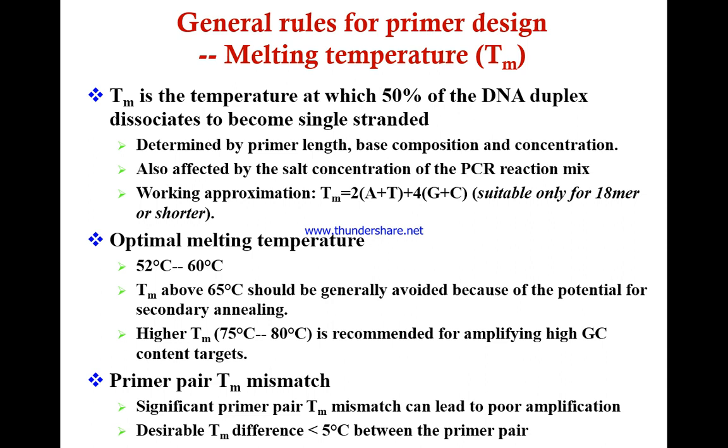These A, T, G and C are the numbers of nucleotides of each type, and the values will be taken from the primer.